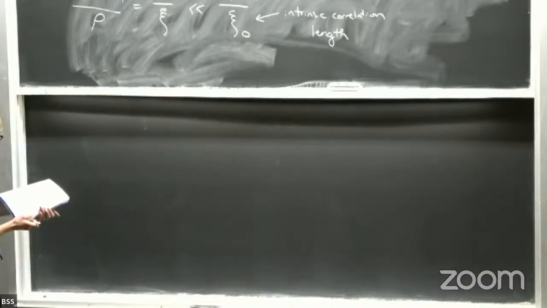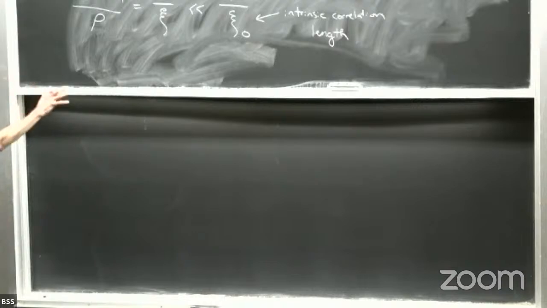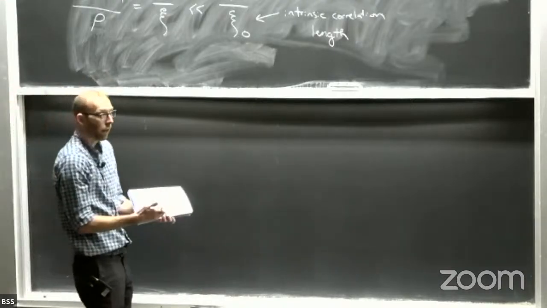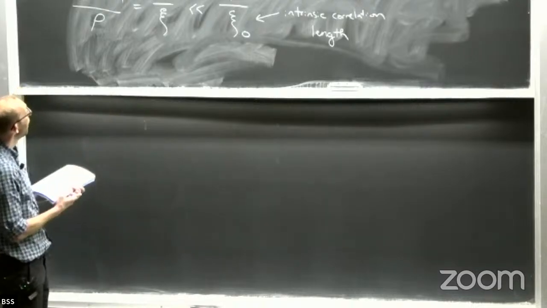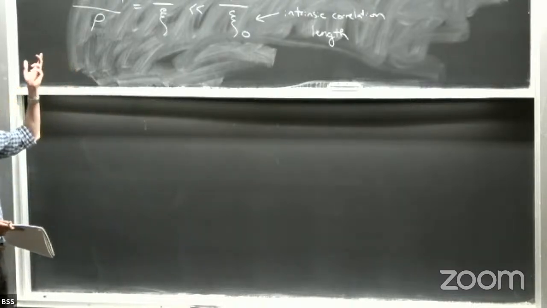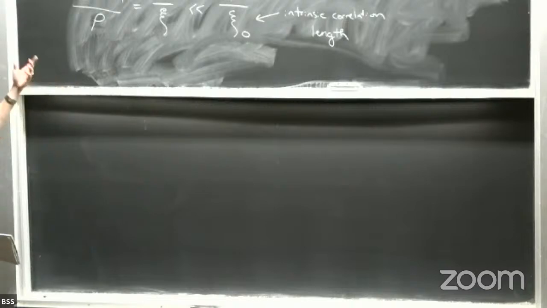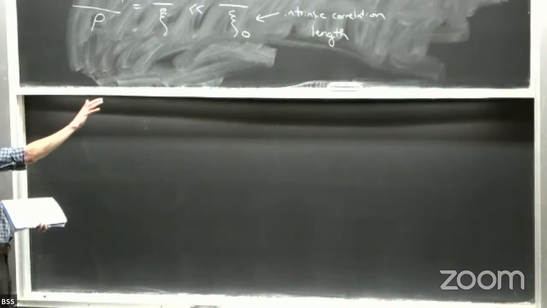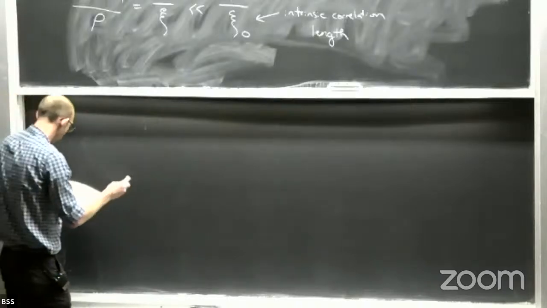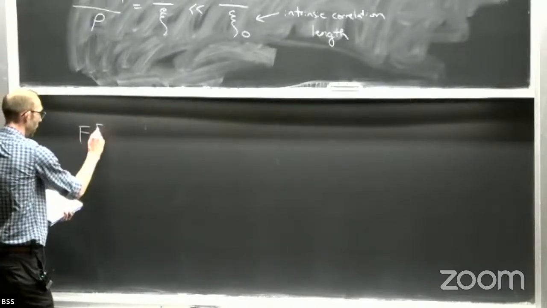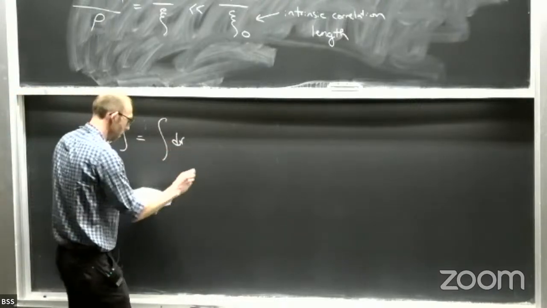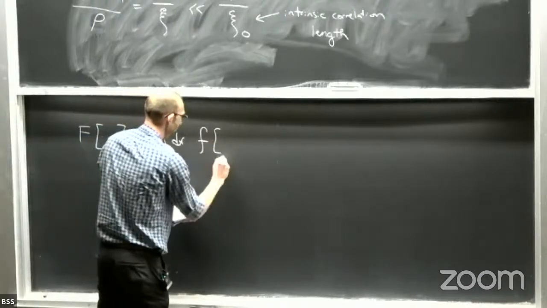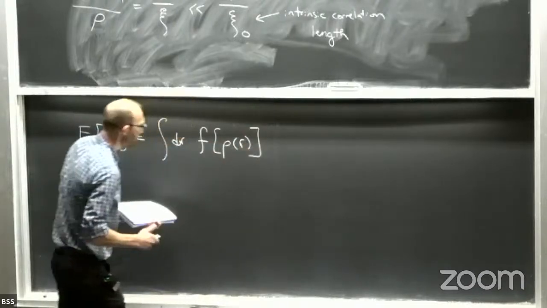So the basic idea is that if we now have something that is spatially varying, we want to write down a free energy functional that describes how the free energy depends not only on the bulk concentration rho, but also on these derivatives with respect to spatial coordinates. So this is going to look like this.